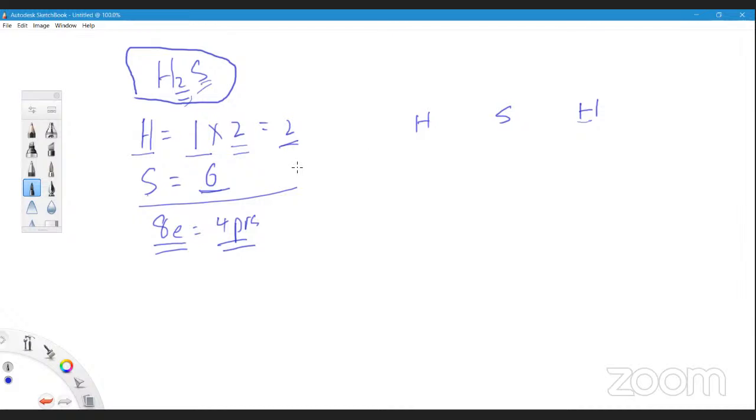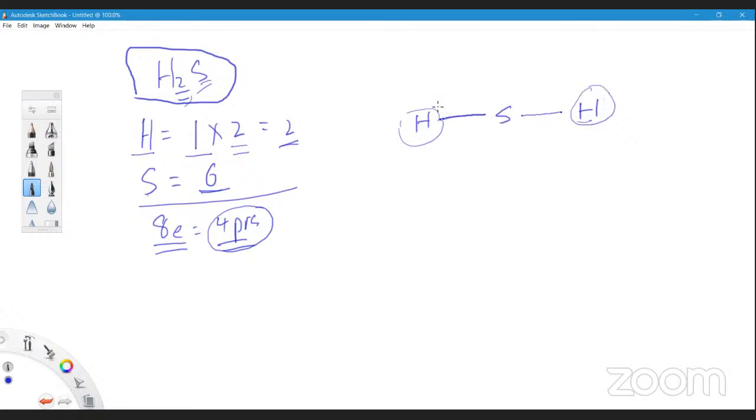Okay, the next step is that we have to place these 4 pairs of electrons. The first placement would be bonding pairs between the central atom and the hydrogen atom here. So that's 1 pair, and we put the other pair here. All right. The next step is that we put pairs of electrons on the surrounding atoms, right? However, we cannot do that for hydrogen.